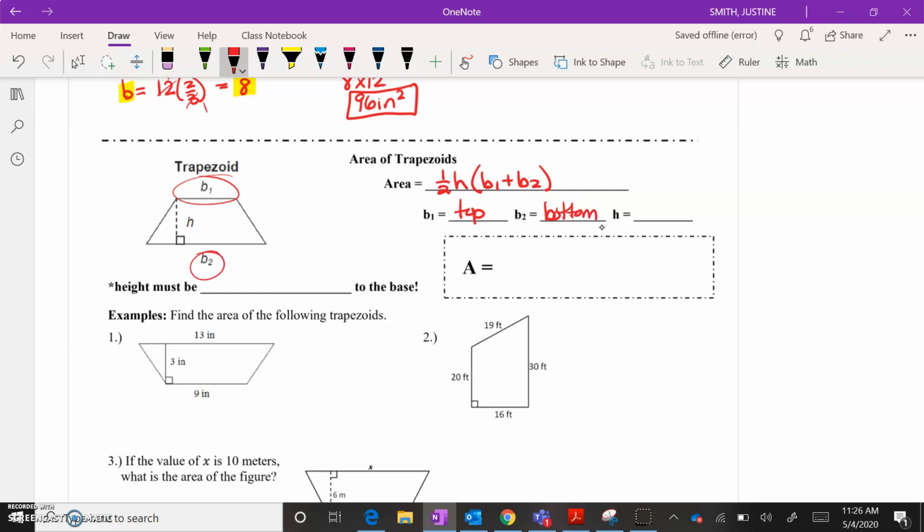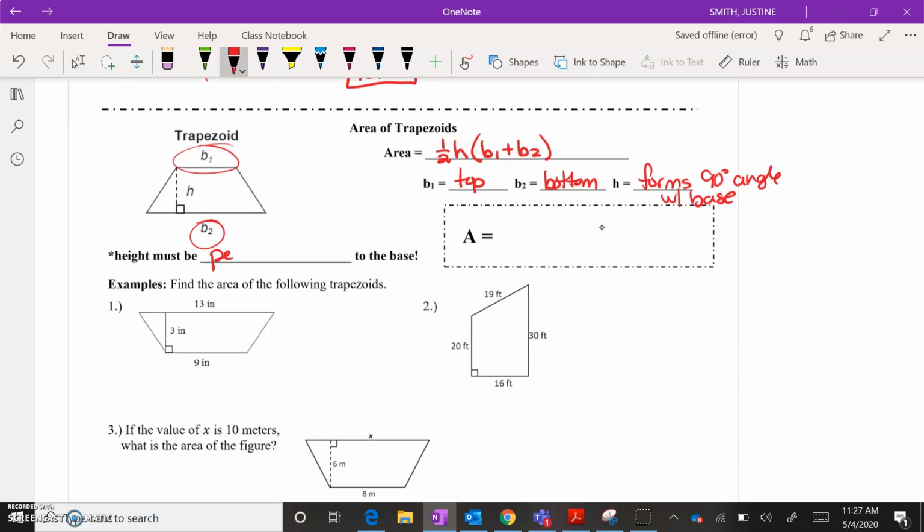And then the height forms a 90-degree angle. So again, the height must be perpendicular to the base, and the formula here is 1/2 the height times base 1 plus base 2.